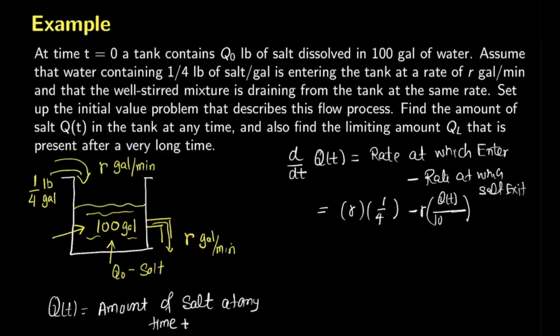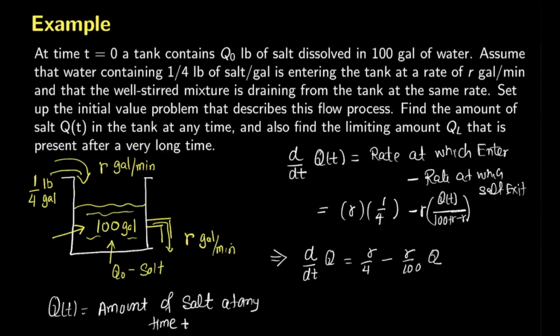It will be 100 plus r gallons in, and we also take r gallons out, so it will be just 100 gallons, because r gallons enter the tub and r gallons get out of the tub. So if I write this differential equation, dQ/dt equals r divided by 4 minus r divided by 100 times Q.